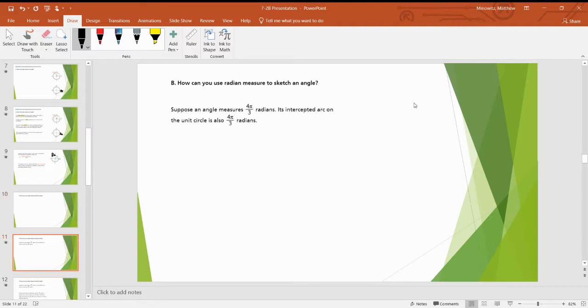So let's look at the angle 4 pi over 3. We're going to figure out which quadrant 4 pi over 3 is. Then we're going to draw it, and we're going to draw it as accurately as possible. So I look at this, and the first thing I notice is this is more than pi. 4/3 is more than 1, so it's greater than pi.